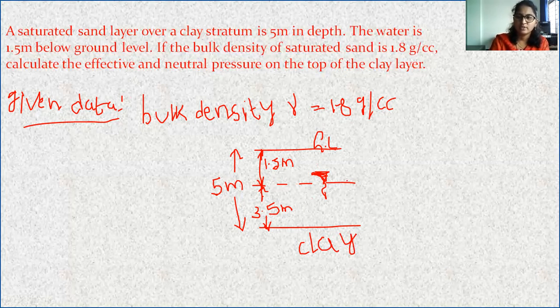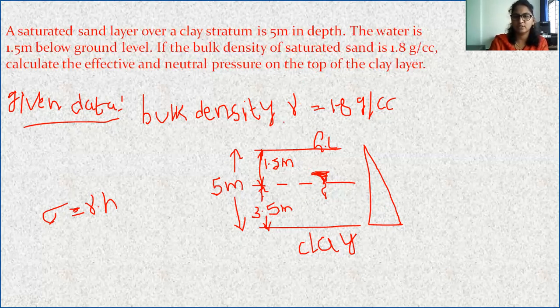What is the formula for total stress? Total stress sigma is equal to that particular layer's unit weight multiplied by that layer's height. Here only gamma is given, for saturated sand. Below the water table it is already saturated, and above the water table it is also saturated due to capillary moisture content.